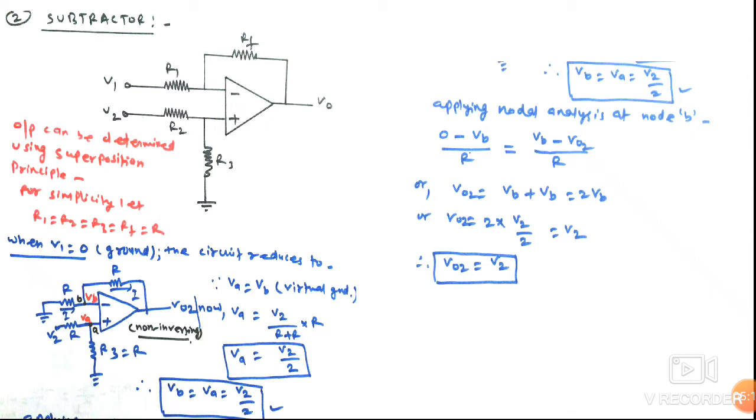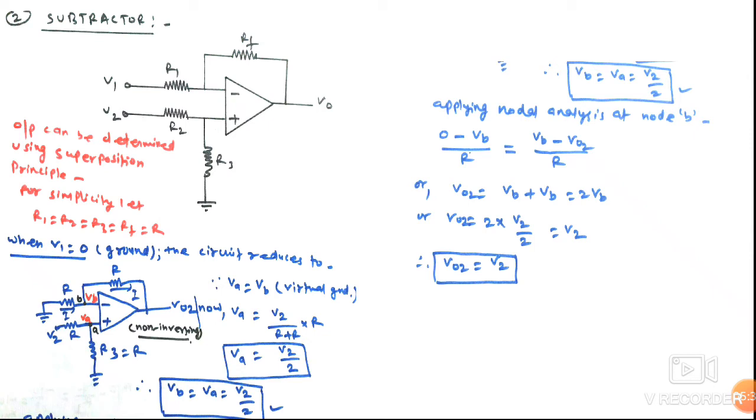The output can be determined using the superposition principle, because we have applied more than one voltage source, and these are at different inverting and non-inverting polarities. For simplicity, we have taken R1 equal to R2 equal to R3 equal to Rf equal to R. R3 is called the offset minimizing resistor. It is also taken as R.